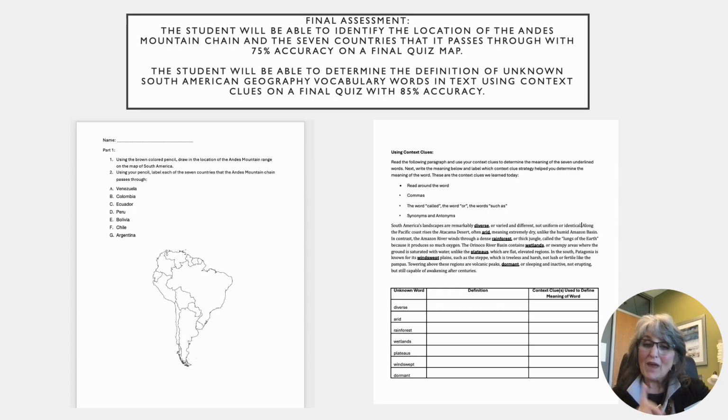And remember that you have to use text to give them an opportunity to demonstrate that they have proficiency in that skill, that strategy that you taught them, to demonstrate proficiency in the skill of uncovering the meaning of unknown words. All right, so I hope this helps.